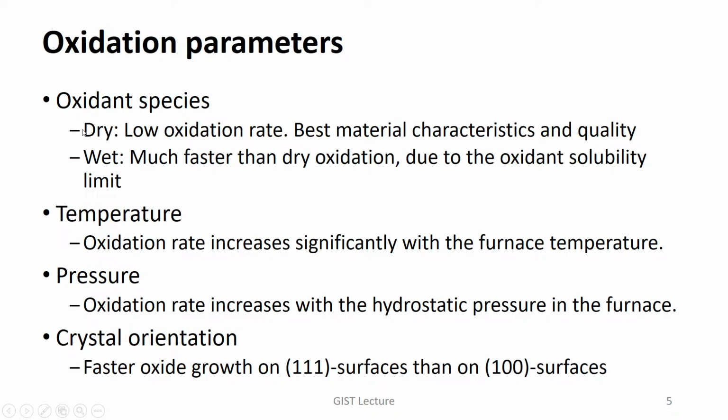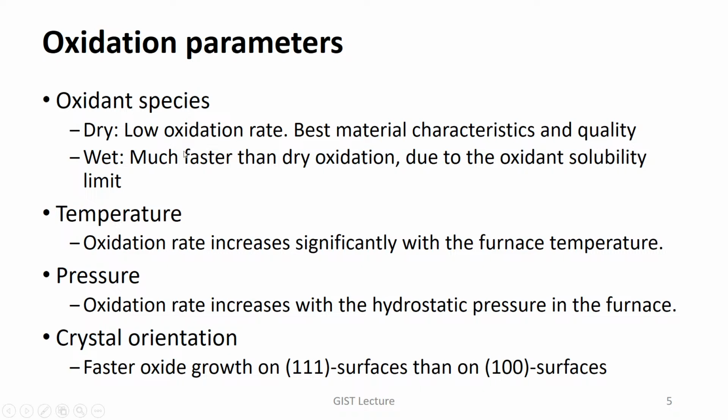In the case of dry oxidation, we have a low oxidation rate. It means that after a long time, we still have a very thin oxide layer. Instead, the material quality is good, so it is mainly used to fabricate high quality oxide layers.